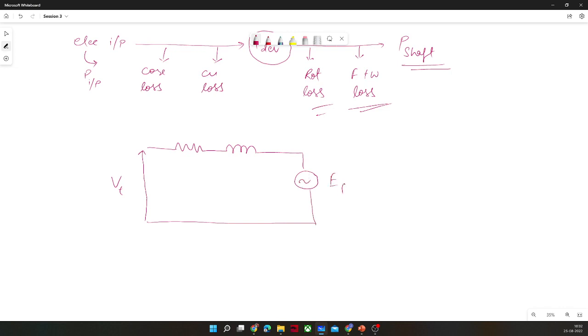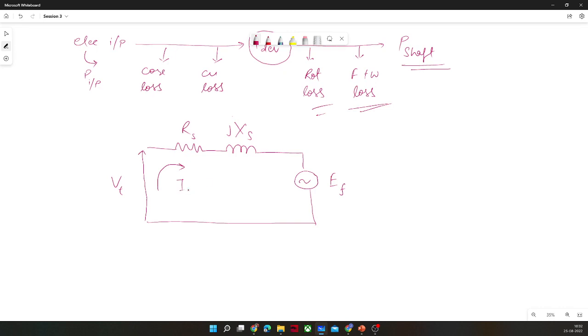This would be excitation EMF, right? Ra, Xs. Now, in motor, current would be fed from the terminal side.